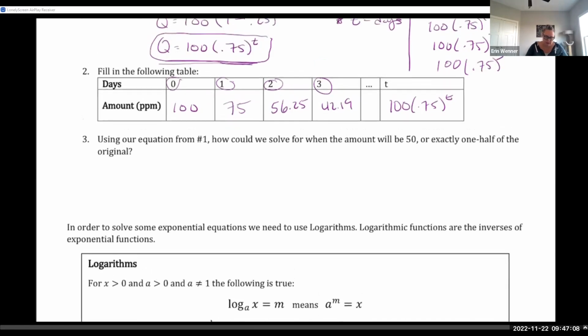So remember, our formula is Q equals 100 times 0.75 to the T. Q is our value at any given time, right? So if we want to solve with 50, we're going to plug 50 in for Q.